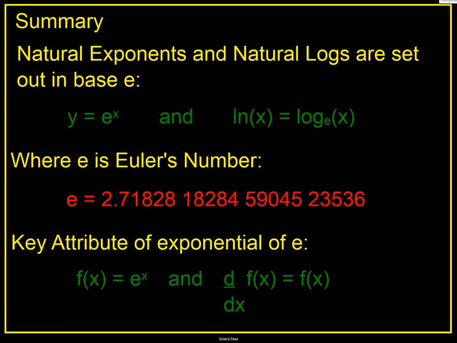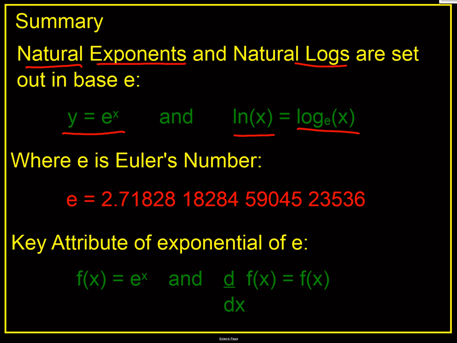Very quick summary of the situation. Natural exponents and logs are written in this form: y equals e to the power x, and ln of x is log to the base e of x.